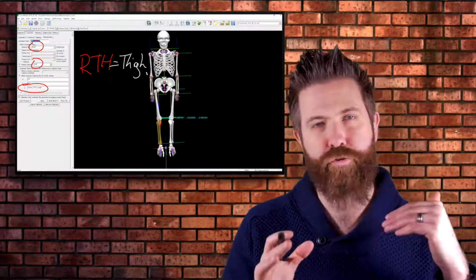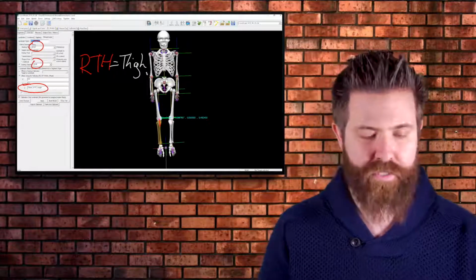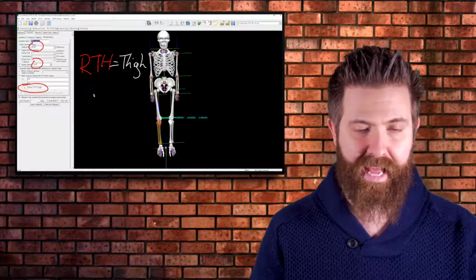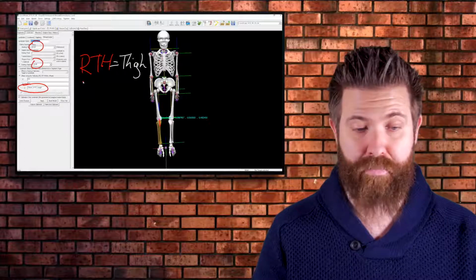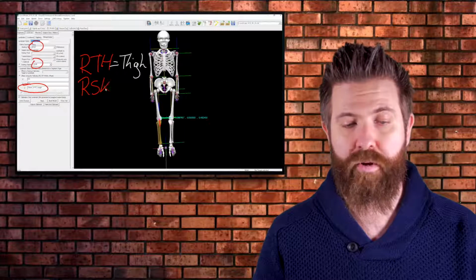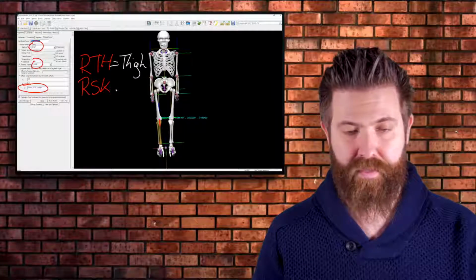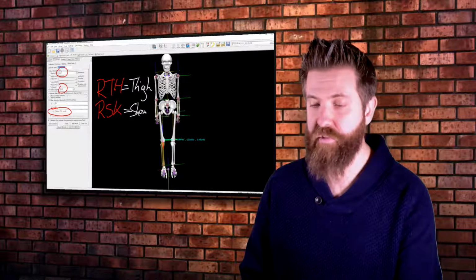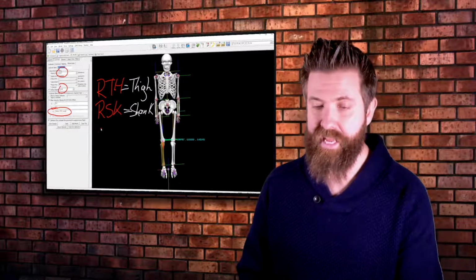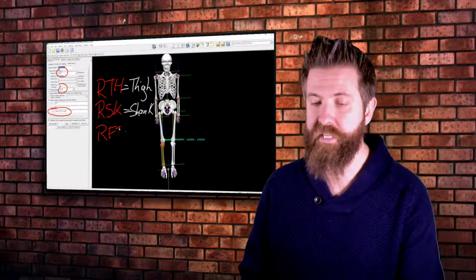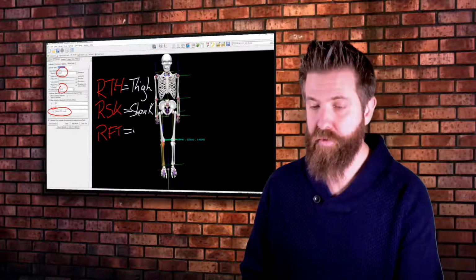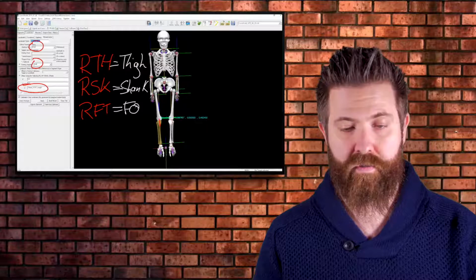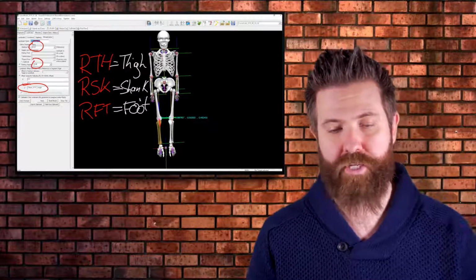Again, if you go through Visual3D Basics, we talk about these codes, but this can be helpful to understanding what's happening. Similarly, for the lower body, we have RSK, which is the shank, and RFT, and actually I wrote thigh, shank, and foot.